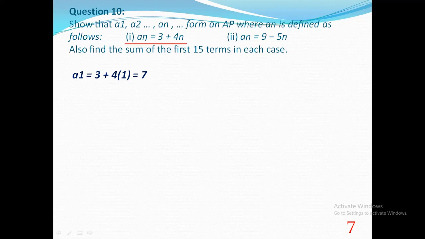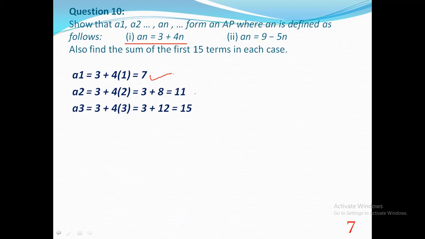So in place of n, if I write 1, I get 3 plus 4 into 1, 7. First term in this AP is 7. Now second term in this AP is 3 plus 4 into 2, that is 3 plus 8, 11. Then third term is 3 plus 4 into 3, 3 plus 12, 15.